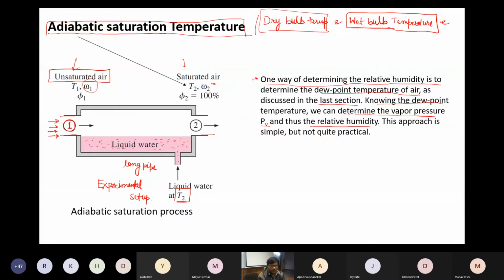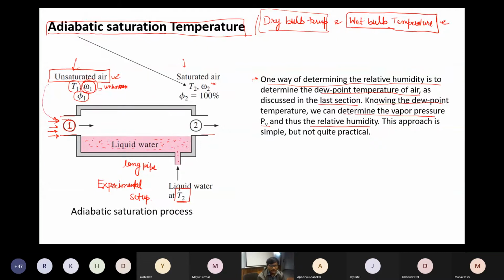You forcibly bring in this unsaturated air whose temperature is T1, whose specific humidity is omega 1, which is unknown, and its relative humidity is phi 1.